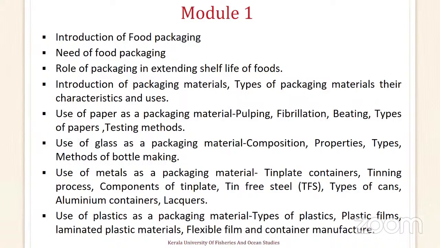And once we finished the paper, we went on with glass as the packaging material, and we started with the composition of glass material, where we discussed how the silica forms the base material, and how the color of different glasses changes by changing the composition, and how it affects the properties, and why we had to replace glass with the other kind of packaging materials, being brittle and difficult to handle, and also the breakage is more in case of glass.